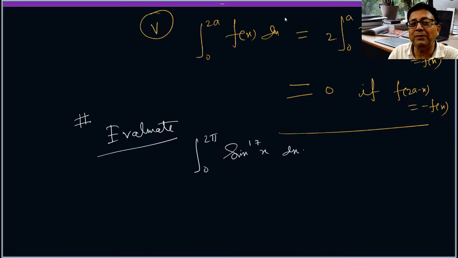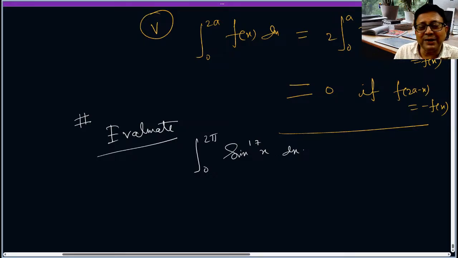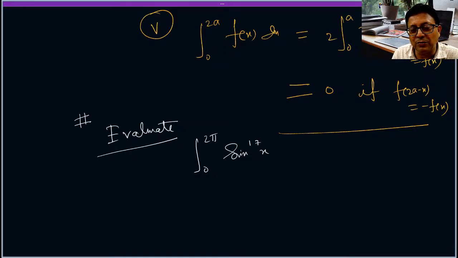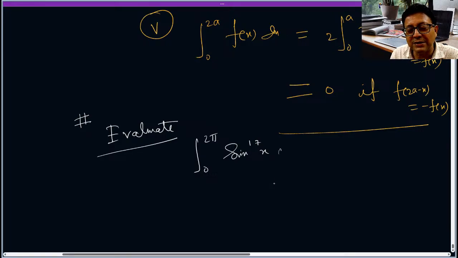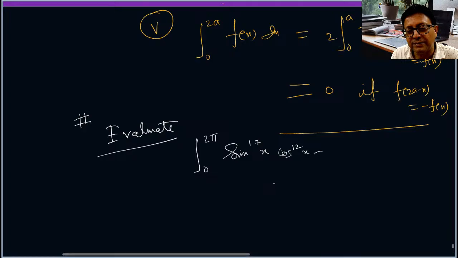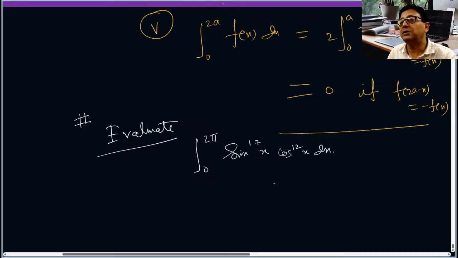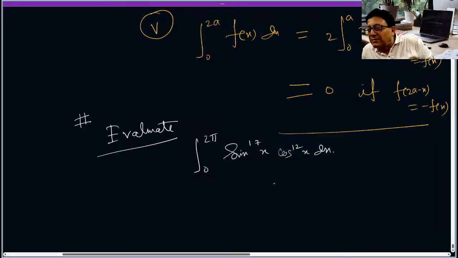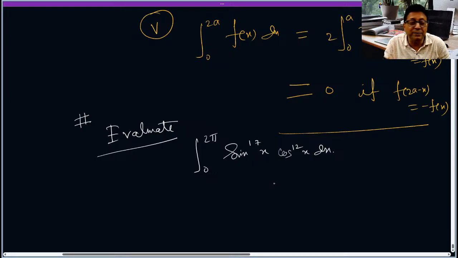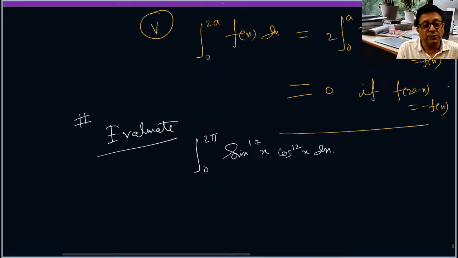Okay, it's a huge problem. You can take another term also, I am writing, no problem. Sine to the power 17x, say cos to the power 12x. Such a huge sum cannot be done without the property. Wallis formula is there, that we will learn later. But right now, this property will be enough. Which property? Property 5, which we have learned. Okay? See how.